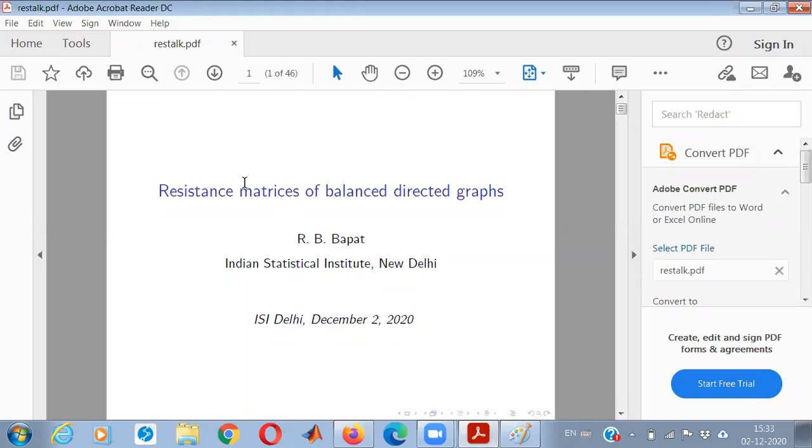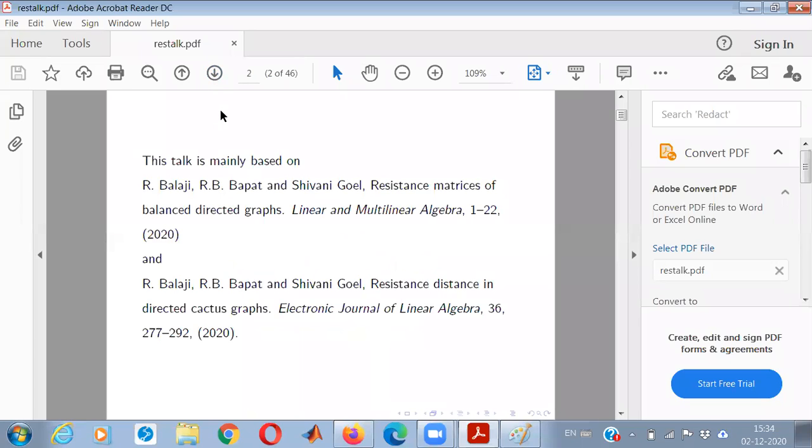And then I will move on to directed graphs and explain what the new features are and what the difficulties are. The directed graphs part is based on two papers with my co-authors Balaji from IIT Chennai and his student Shivani Goel, who is writing the thesis on this topic.